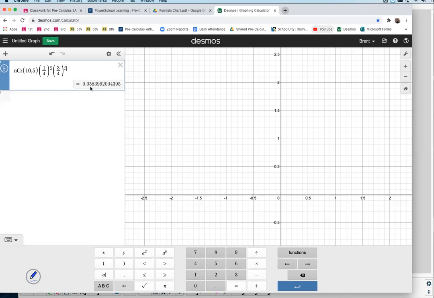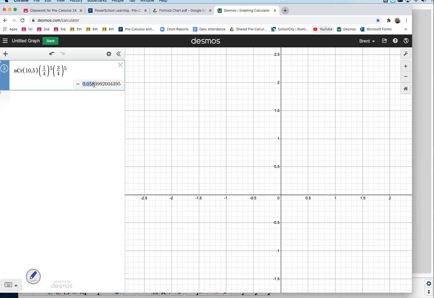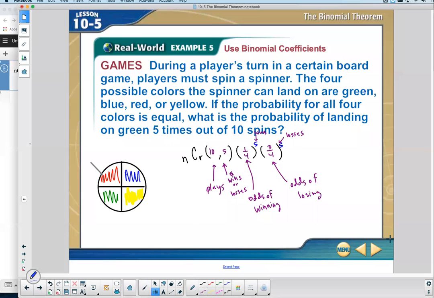That's the probability. It's almost 6%. I'll take 4 decimals since the first one's a 0. Usually I only take 3, but since the first one's a 0, I'll take the next. So it'll be 0.0584. 0.0584 is going to be approximately the answer.